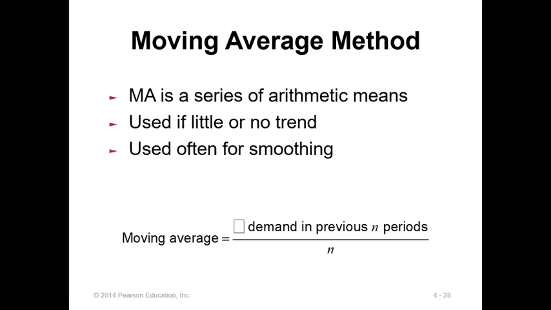Moving averages is equal to the sum. By the way, this sign is sum. If you print it out, it's a summation of demand in previous n periods. Let's say a 3 months period, for example, divided by 3. If it's a 4-month period, then it will be divided by 4.